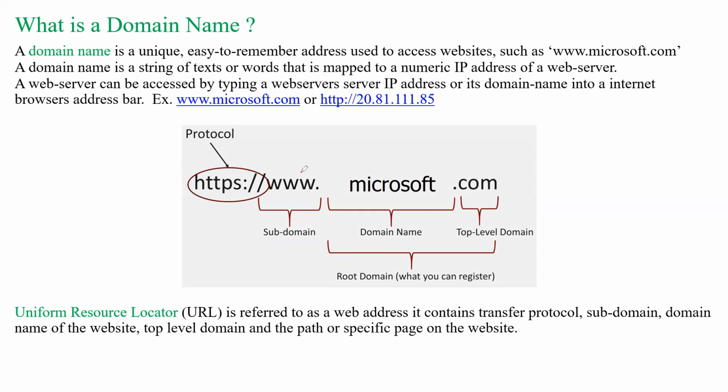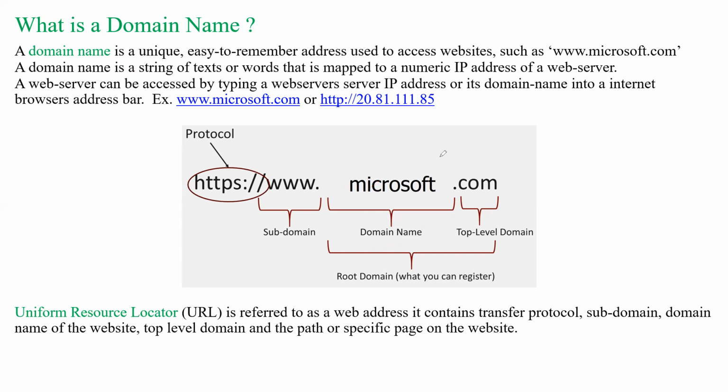The next one is www, we type before the web address, correct? So this indicates the subdomain name. What is the subdomain name of our web server address? Next comes our actual domain name, that is Microsoft.com or Google.com, Yahoo.com, so on and so forth.